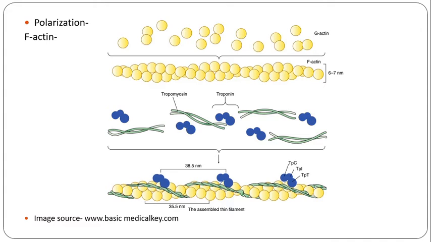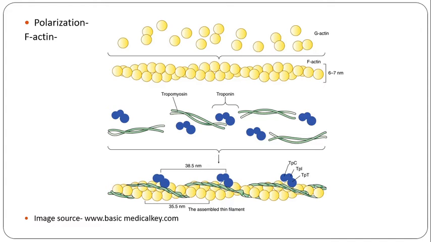The upper panel shows individual molecules of G actin, and the middle panel, yellow in color, shows actin monomers assembling into F actin. Next, individual molecules of tropomyosin, two strands wound around one another, are shown in gray.